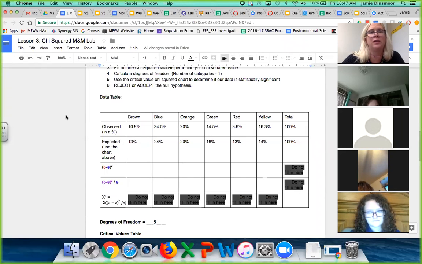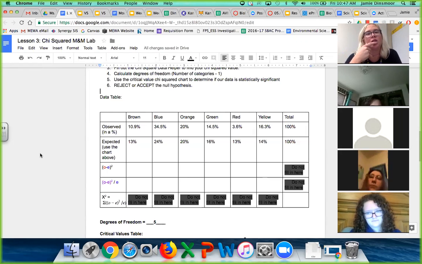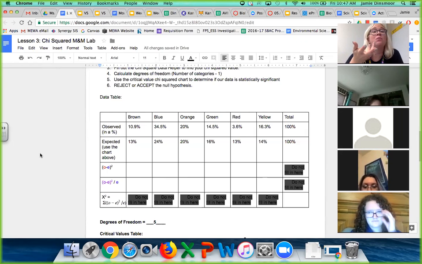Can something like this happen with Twix? That's an interesting question. What do you guys think? Could we do a chi-squared analysis on a Twix? Juliana says no, and she is correct. Why couldn't we do a chi-squared analysis? Well, they don't have categories.